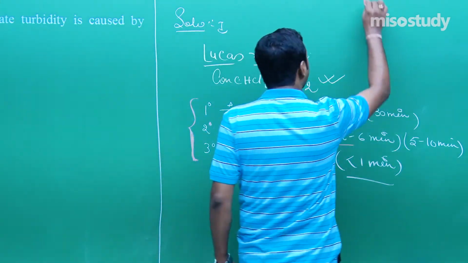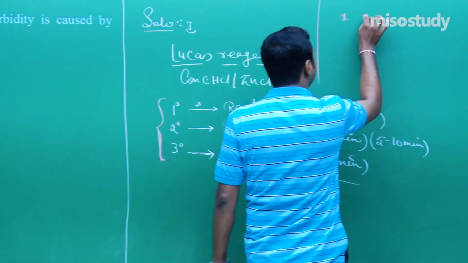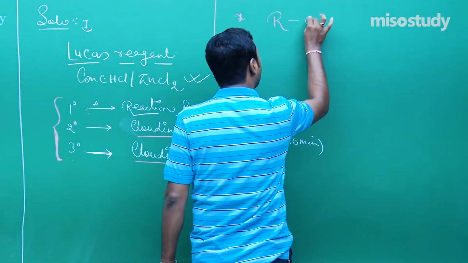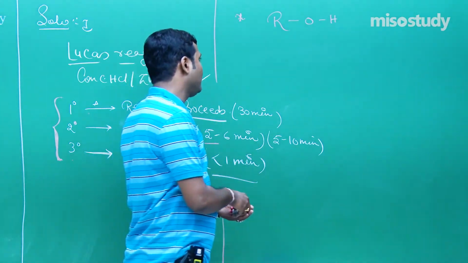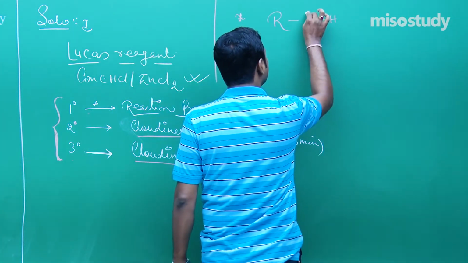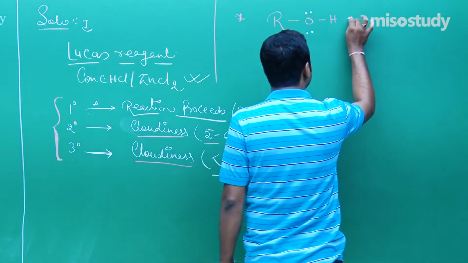Now, why does this happen? Now if I take an example, ROH, this one is alcohol. Clear to you? As we know, in ROH there is oxygen which contains a lone pair of electrons. Am I right? Yes sir.